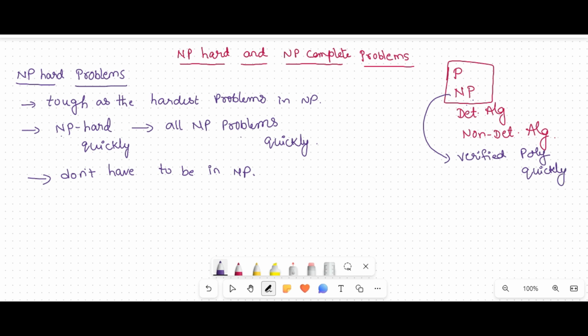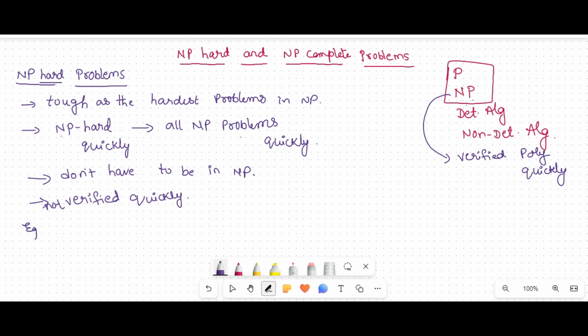These NP hard problems may not be verifiable quickly. That means there is no polynomial time algorithm to verify the solution. Then those problems are called NP hard problems.